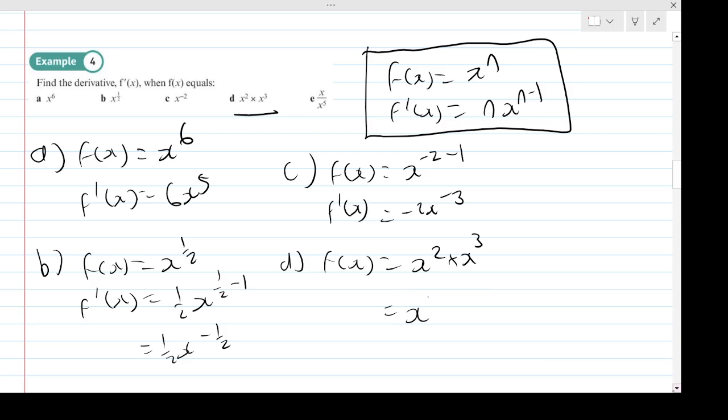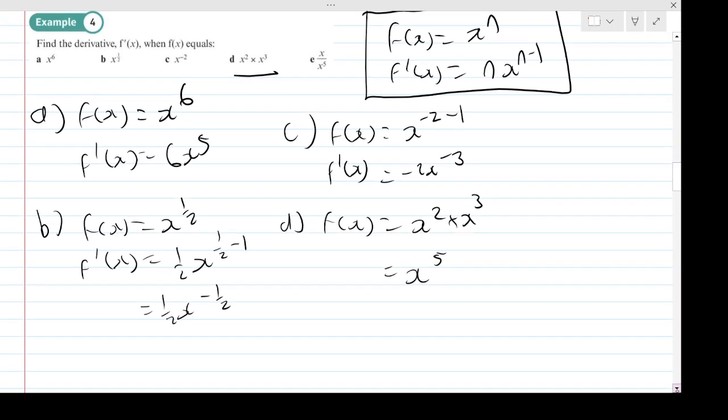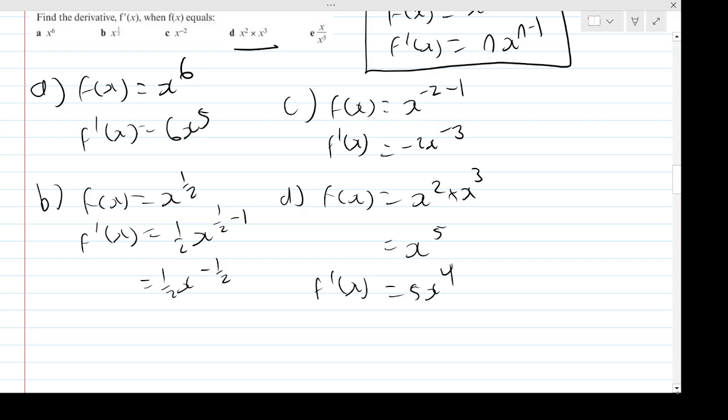So it's going to be x to the 2 add 3, which is x to the 5. Now we can differentiate this. So for the derivative, again, we're going to bring the power to the front, so it's going to be 5x. Then we're going to knock 1 off, so it's going to be 5 minus 1, which is 4. And that's it, it's 5x to the 4 there. Okay, part A. We now have x over x to the 5.